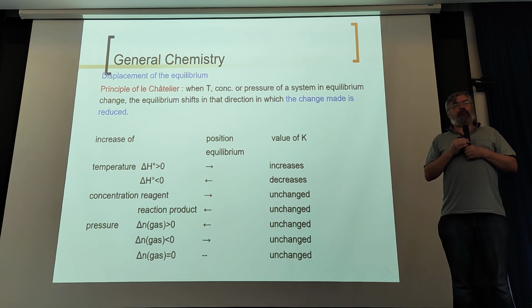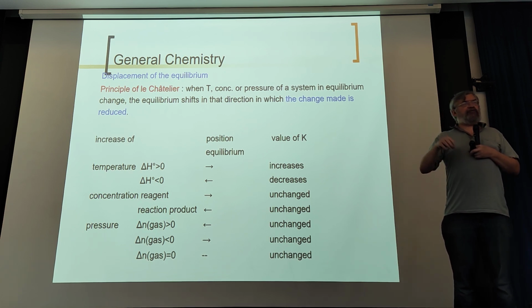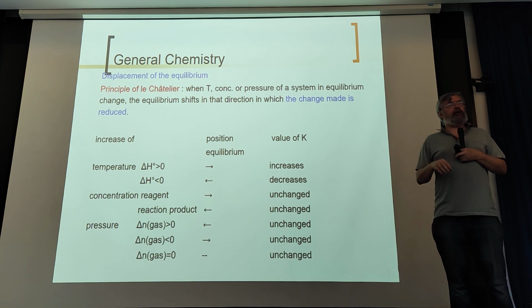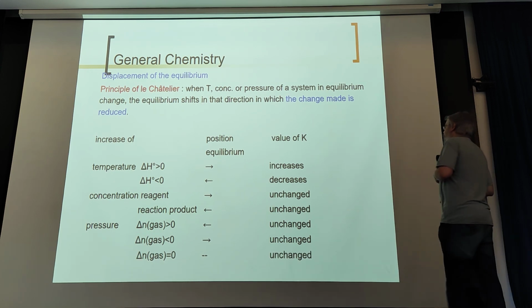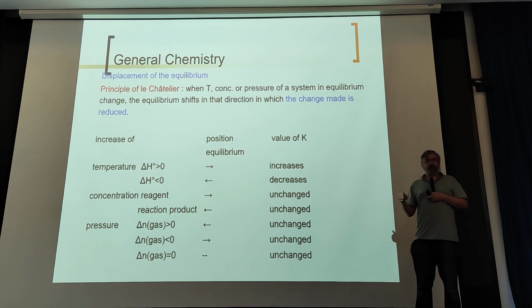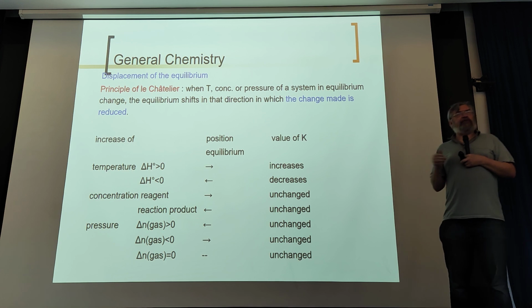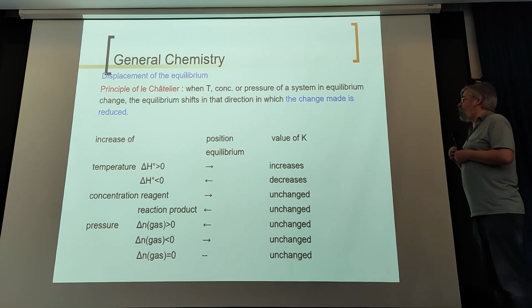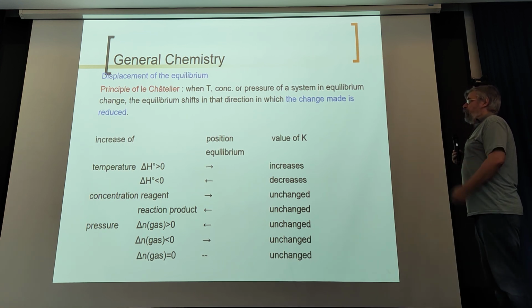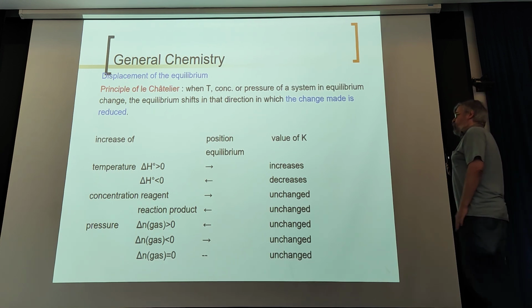And it will shift in such a way that it goes back toward the original situation. So it tries to undo the change that you have applied. And now we can look at several situations. For instance, what happens when we increase the temperature?